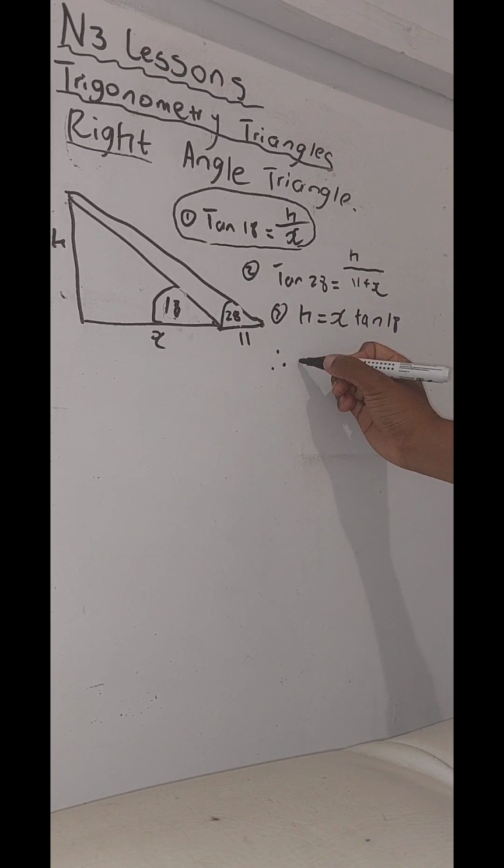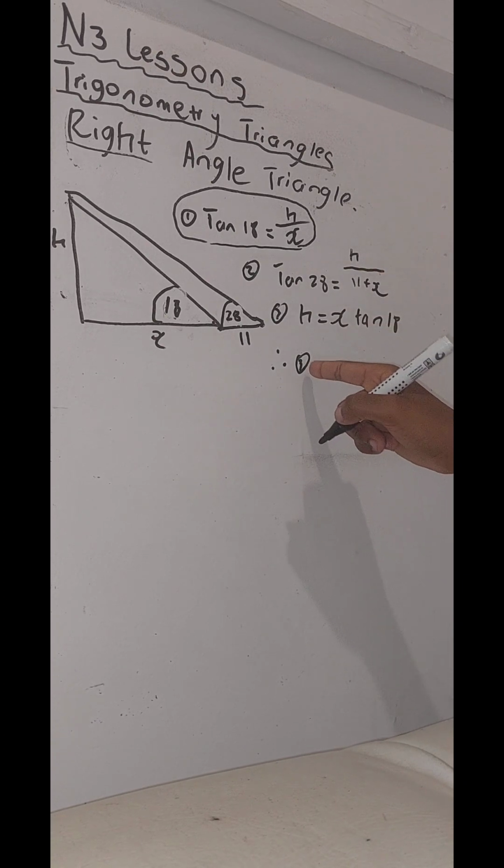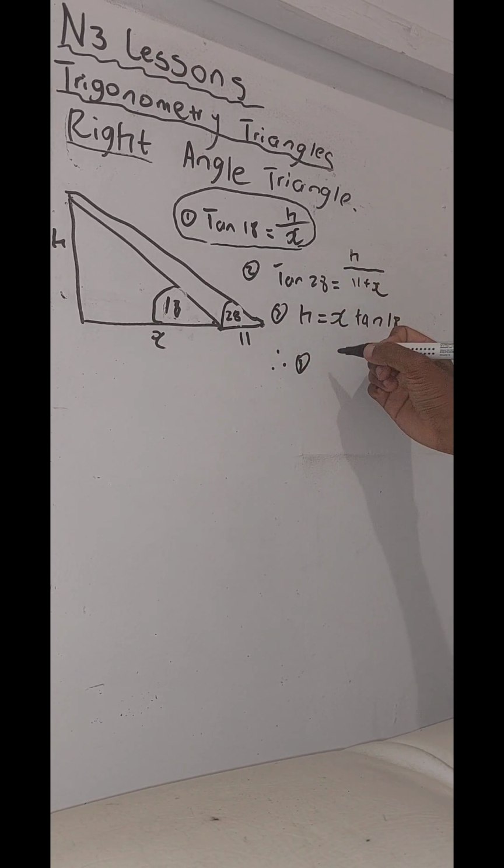So let's go on number 3 and number 4 and substitute. So tan 28 is equal to height, which is x tan 18 over 11 plus x, right?